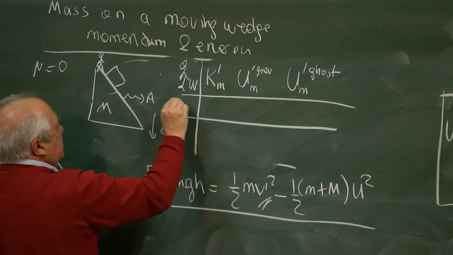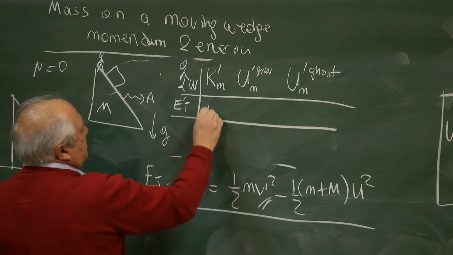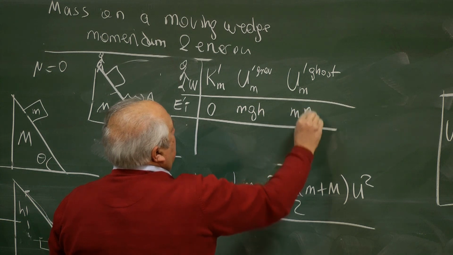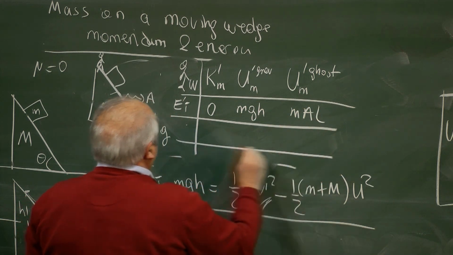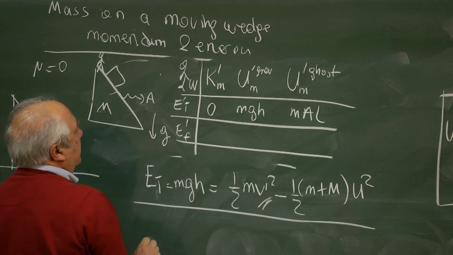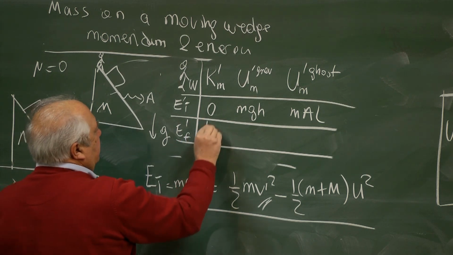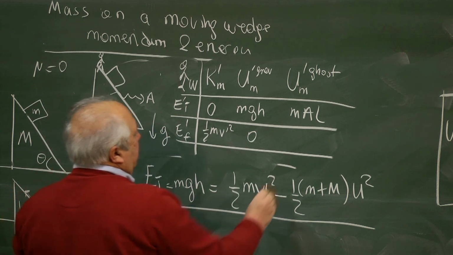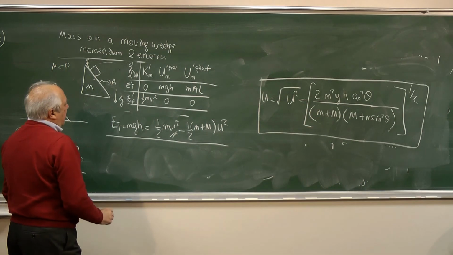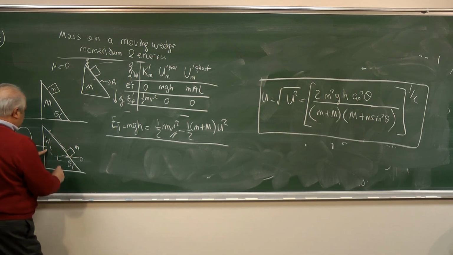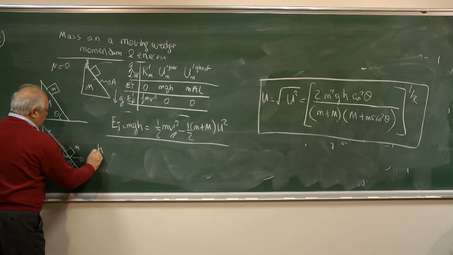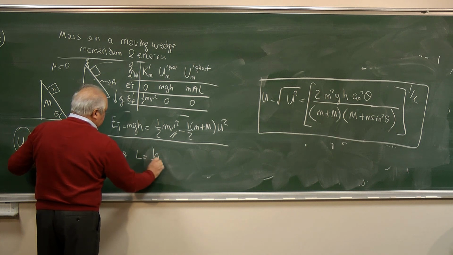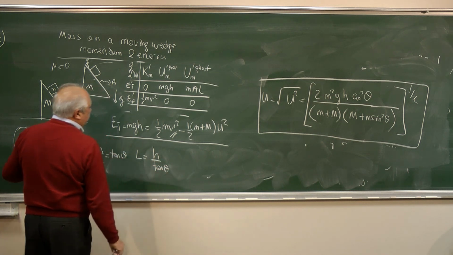So E prime initial, this is 0, this is mgh, this is mal. E prime f, this is 1/2 mv prime square, this is 0, and this is 0. And h and l, of course, are related. This angle is theta, so h over l is tangent theta, or l is h over tangent theta.